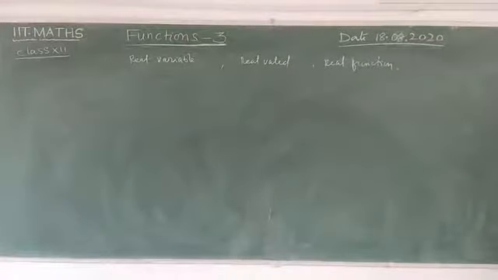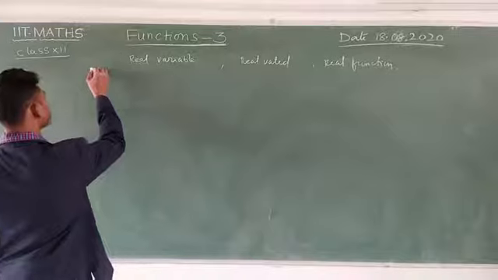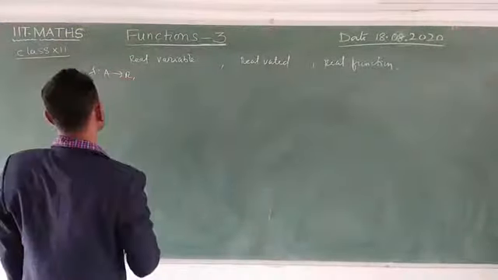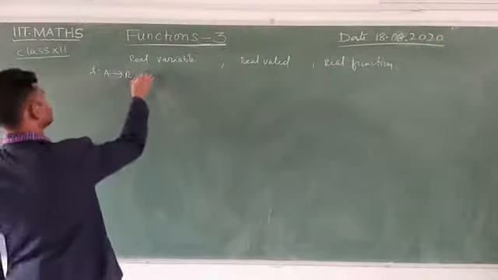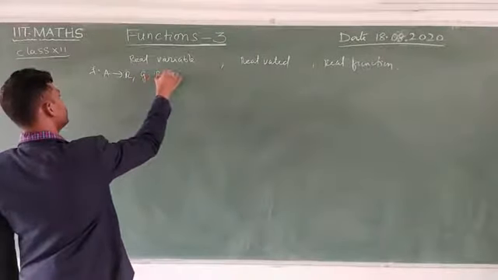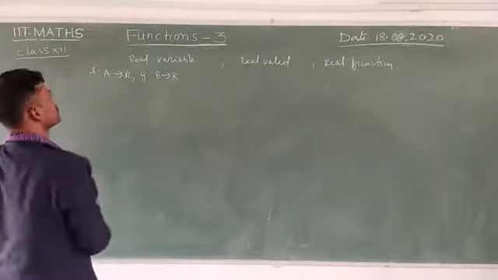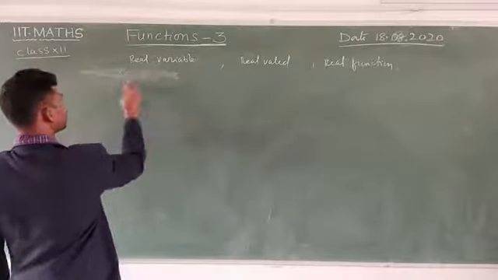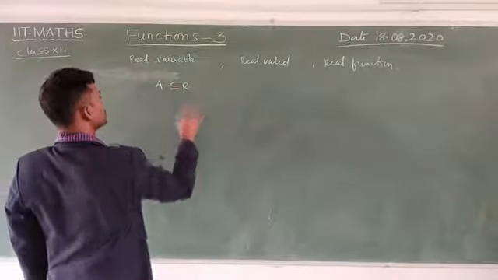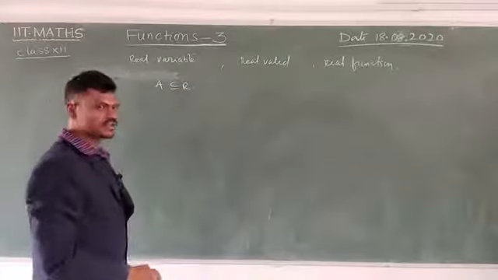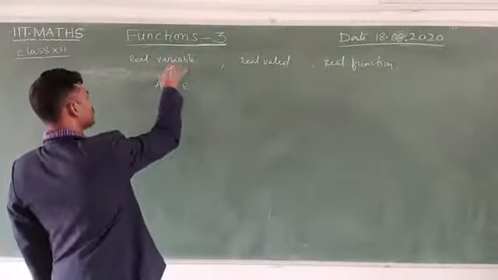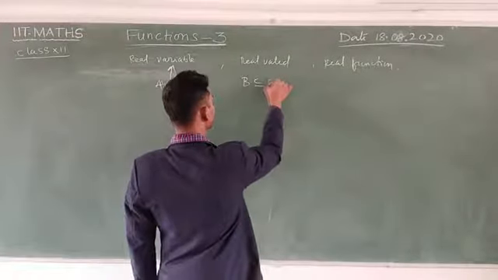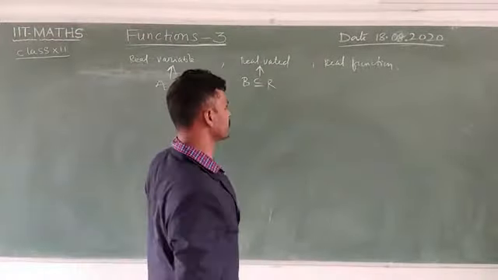What is a real function? See here, f is a mapping from A to R, and g is a mapping from B to R. Two functions. Or otherwise, see here, a function whose domain is a subset of the reals is called a real variable function, and whose codomain is a subset of the reals is called a real valued function.